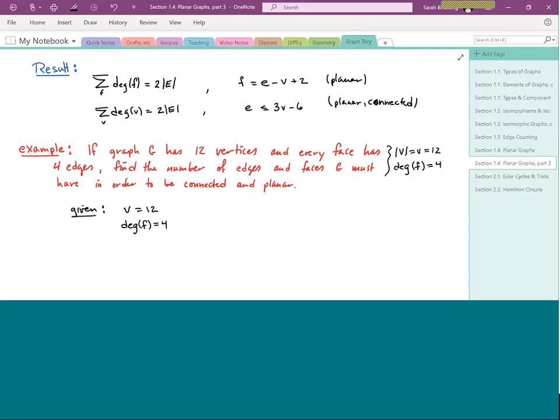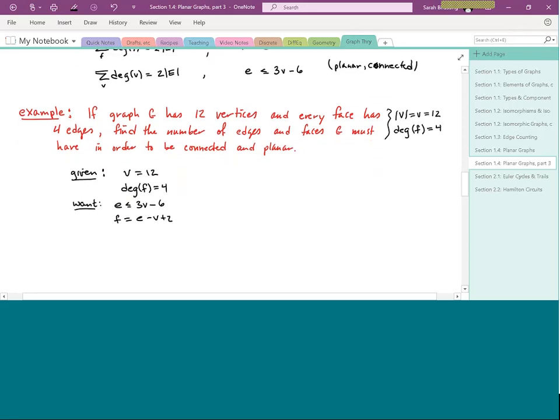We want connected planar graphs, so we want the inequality that the number of edges is less than or equal to 3 times the number of vertices minus 6. And we also want Euler's formula. To illustrate this one, these are all of our faces. If this is F1, the degree of F1 is 4, and that's going to be true for all of our faces.